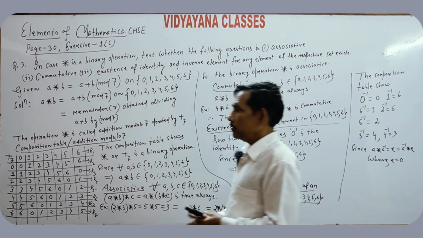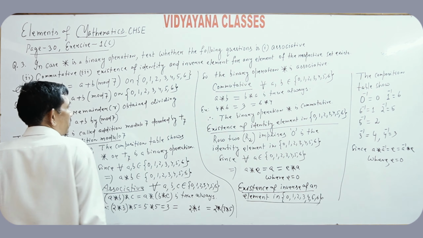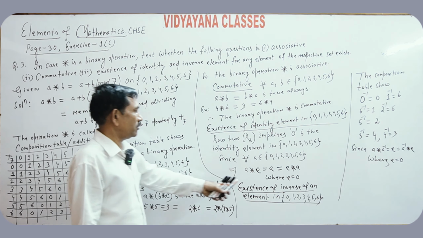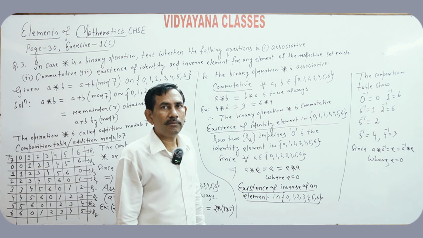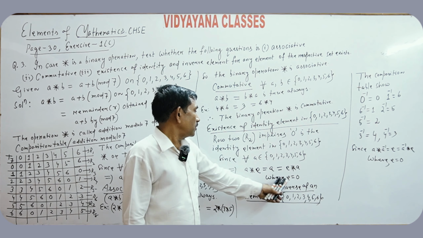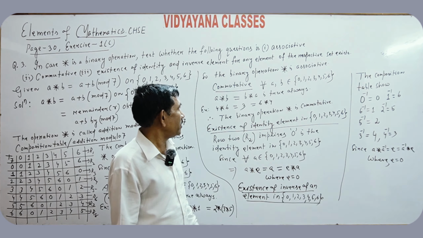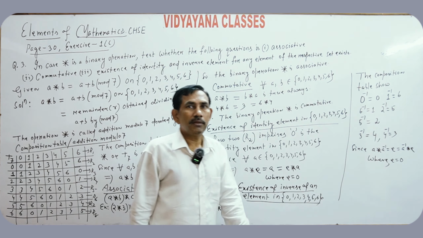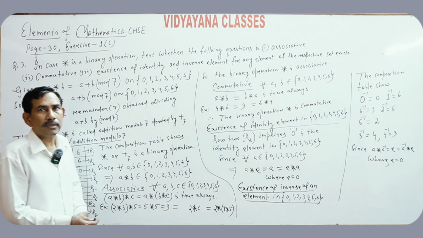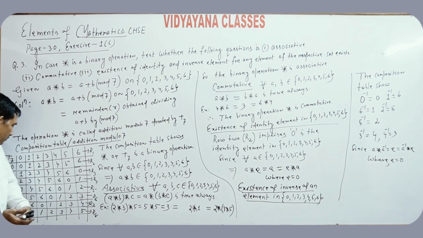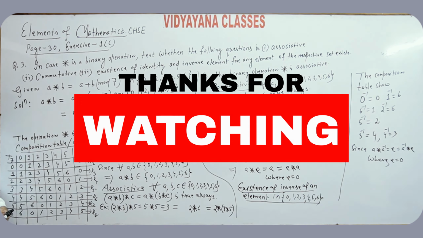All elements in this set have an inverse, and E equal to 0 is the identity element in this set. Clear? Okay, note down.